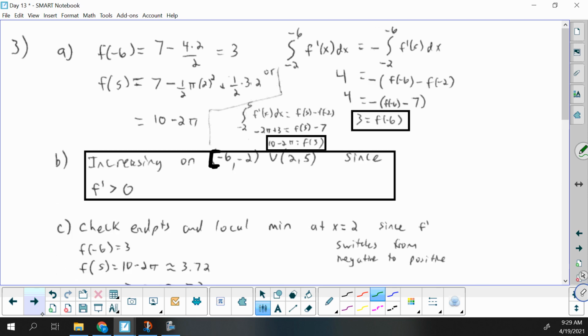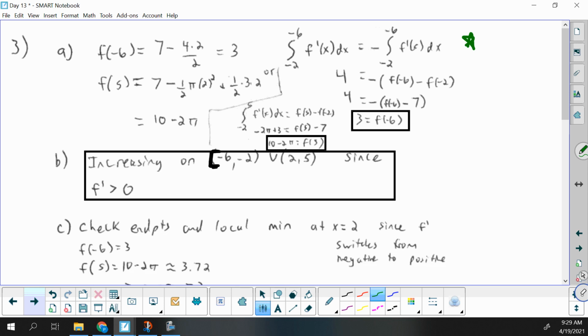Moving over to the free response. This is basically the same picture we saw on one of the multiple choice ones. So if we want to find f of -6, that's really the integral from -2 to -6, and that's what's shown over here. So flip that.